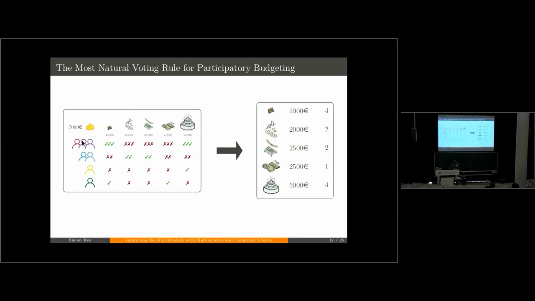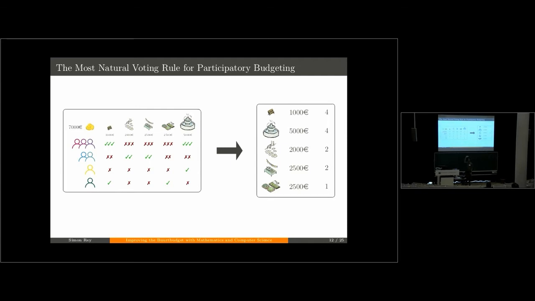So we've got the election here, so all I've been describing. And what it does is that it first counts how many times each project has been approved of. Okay? And then you order the projects from the most approved to the least approved. And you select them by going through that list from top to bottom. So you look at the first project, you're like, hey, can I take this project without violating the budget constraint?